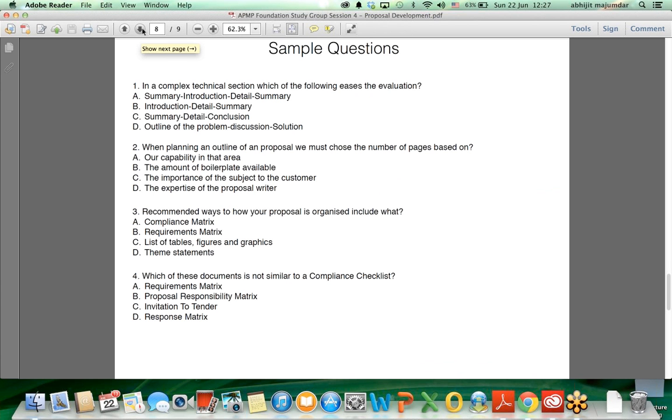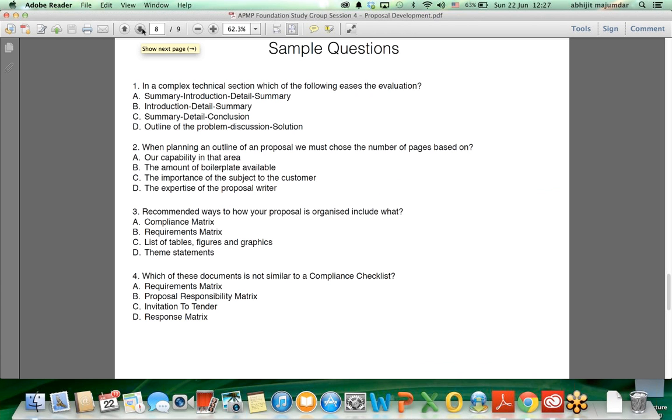Now the best practice says that your proposal outline, specifically for a section, should be the summary, detail and the conclusion, because your section's objective is to meet a specific objective. So in the summary you say that you understand the purpose of this section, the information asked by the customer.